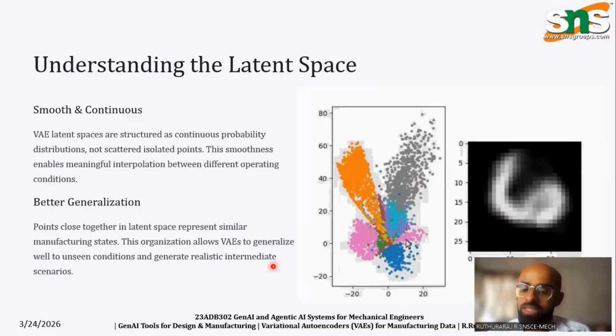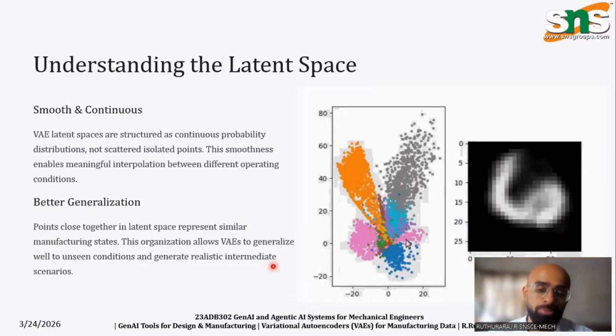For example, if you train the model on datasets of a cat and a bird, then you can ask the variational autoencoder to create an image of a cat with wings, which it can do better compared to the autoencoder, because the autoencoder cannot stochastically model these things, but variational autoencoders are stochastic in nature.